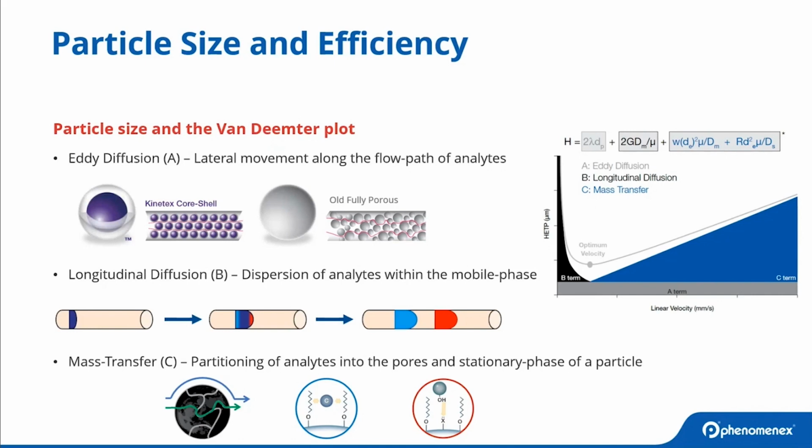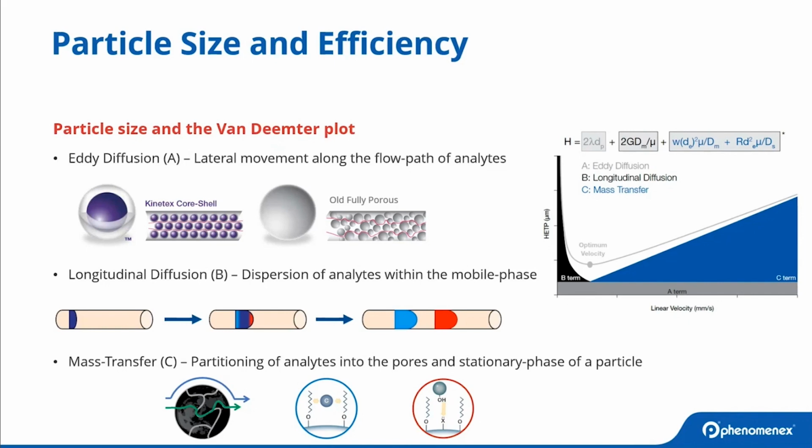When we speak about column efficiency, we often refer to it as plates, and that is a term borrowed from the distillation industry, where they literally use plates along a column to collect distillate that has condensed. The more plates present, the finer the partitions from one component within that distillate to the other. And so within chromatography, we borrow that term and refer to it as theoretical plates.